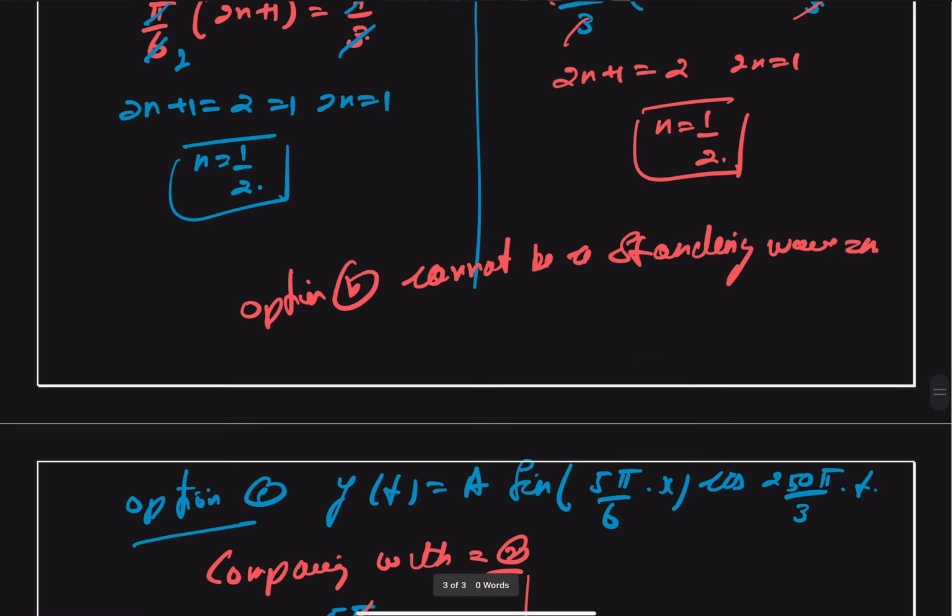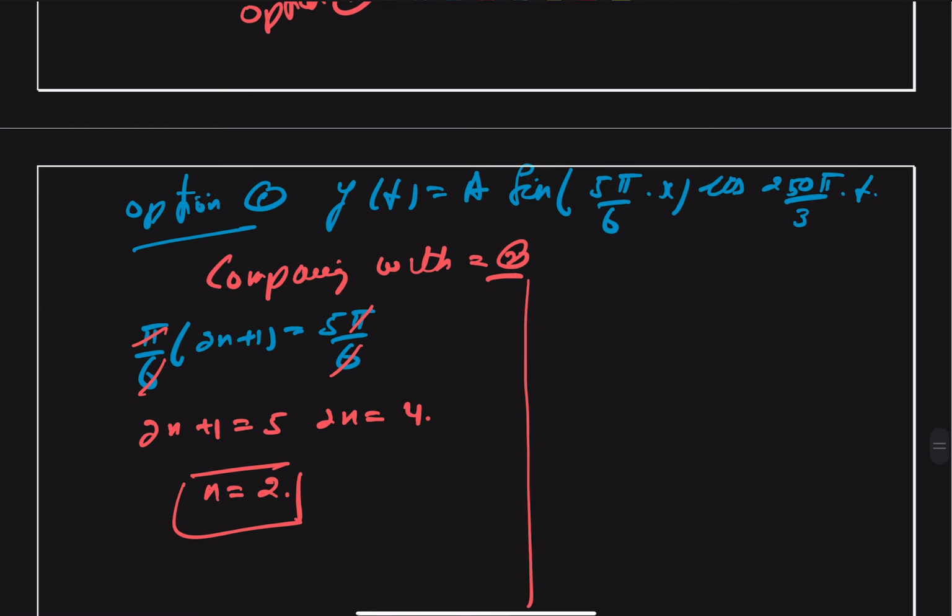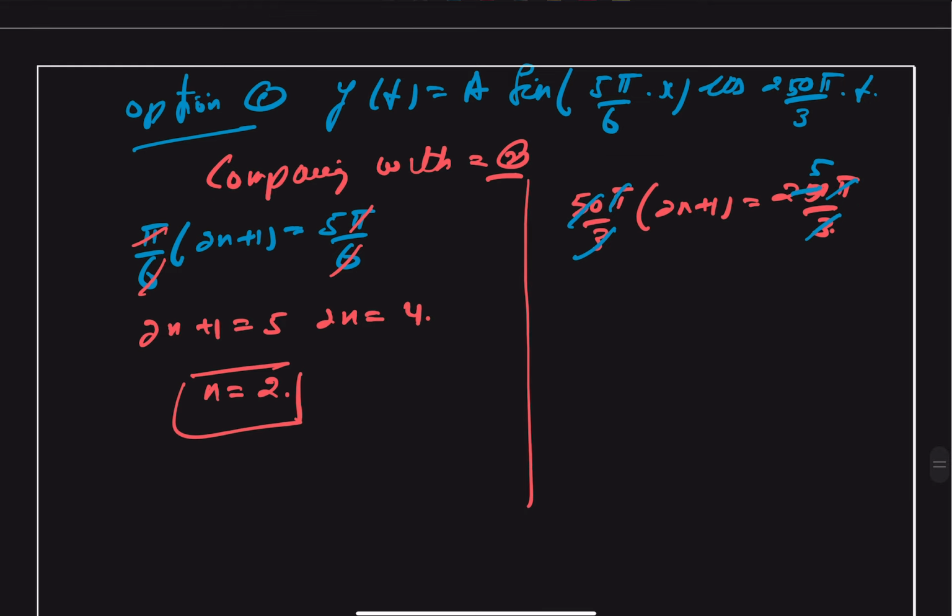Next, we can also say for the second part, 50 pi by 3 (2n plus 1) is equal to 250 pi by 3. 3 and 3, pi goes, this goes by 5, and here also 2n plus 1 is equal to 5, 2n is equal to 4, or we can say n is equal to 2.